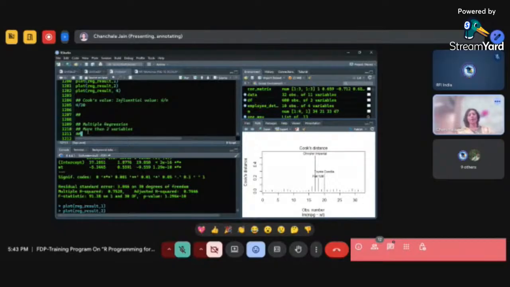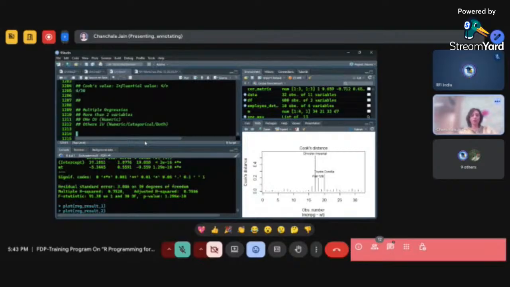We can say one will be the dependent variable, which will be a numeric variable, and the others will be the independent variables. These can be numeric or categorical or both, right? So this is about multiple linear regression.